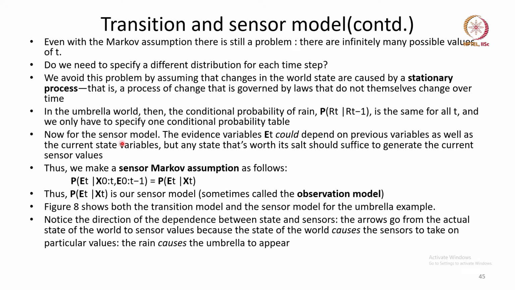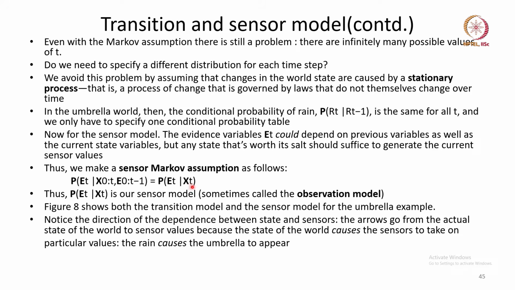So now if we come to the sensor model, the evidence variable E_t would depend on the earlier state variables, that is X from 0 to t, and on the evidence from 0 to t minus 1. So this you are assuming to be dependent only on X_t.